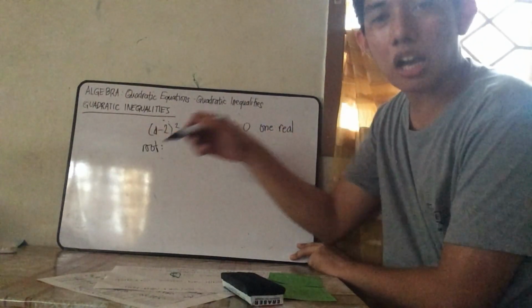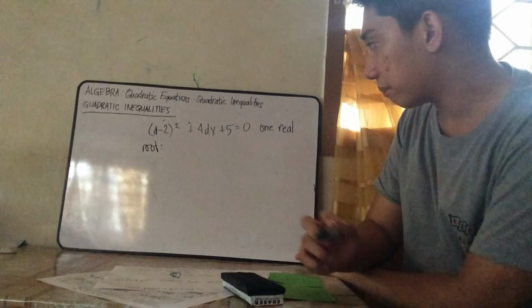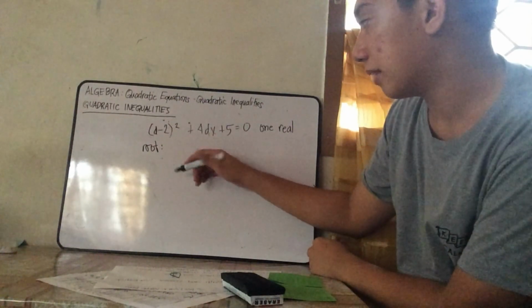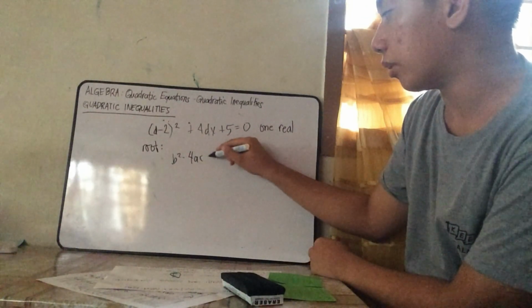So actually, hindi naman tayo gagamit ang inequality dito eh. But the answer of this one, sige lang na natin. We will just use the concept of discriminants is equal to 0 lang siya.